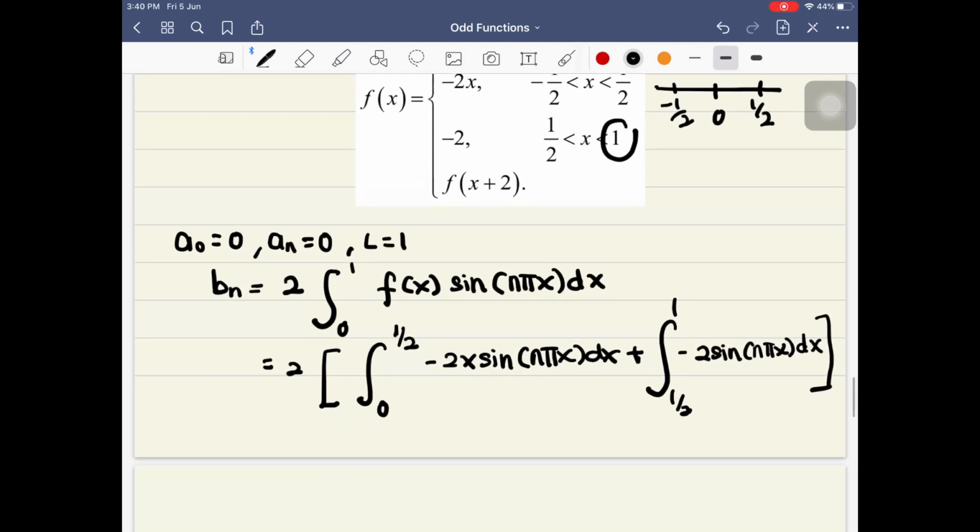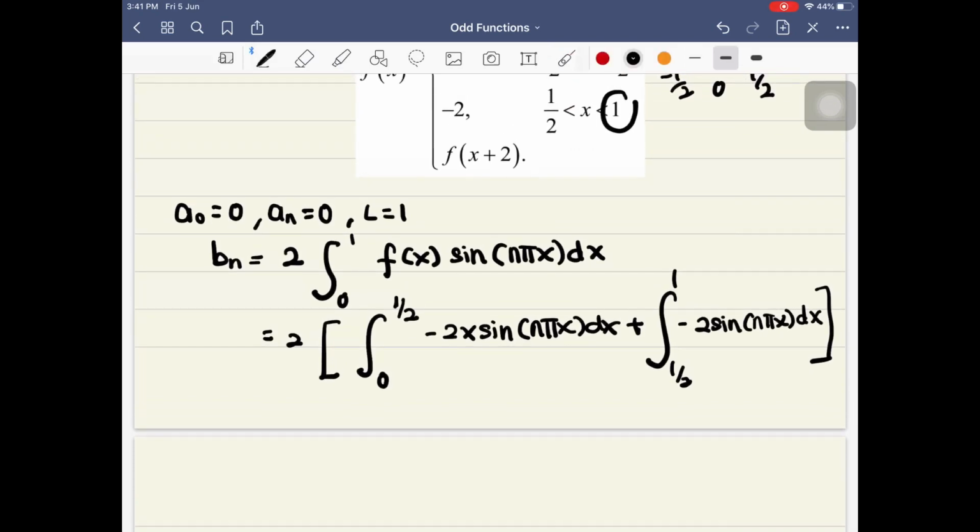Okay, so please check before you proceed with the integration. Please check. So your upper limit is 0. Your lower limit is 0. Your upper limit is 1. Okay, and in between this should be the same value.